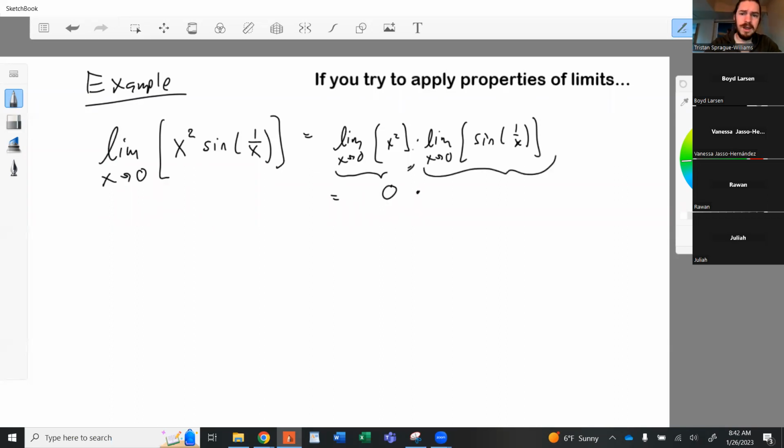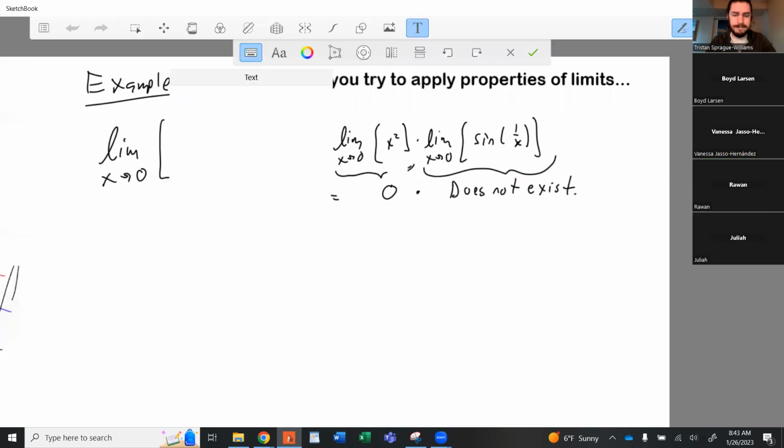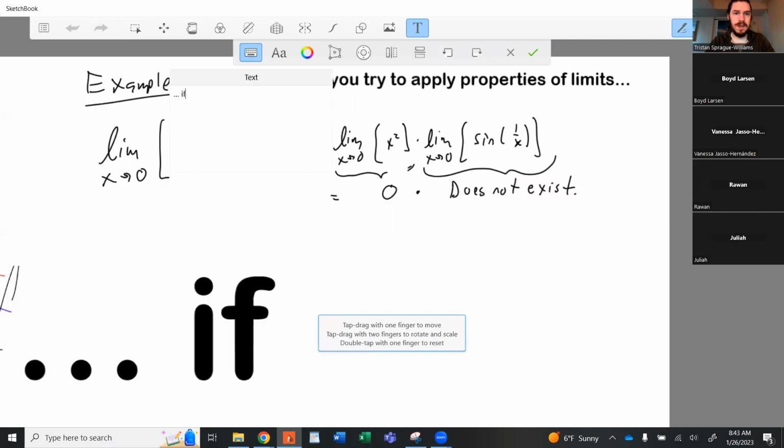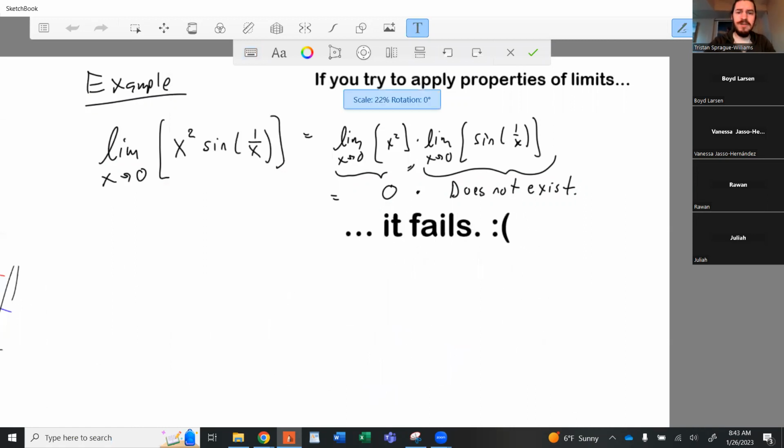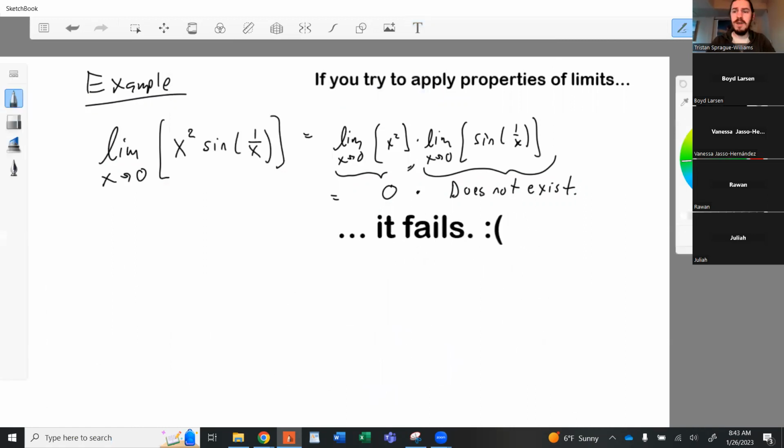This second limit does not exist. Dang. It fails. So the reason it fails is because of this. If you have a limit that doesn't exist, you can't apply the properties of limits.